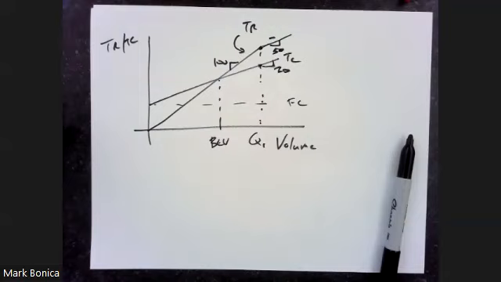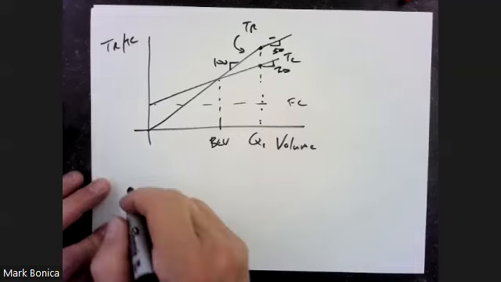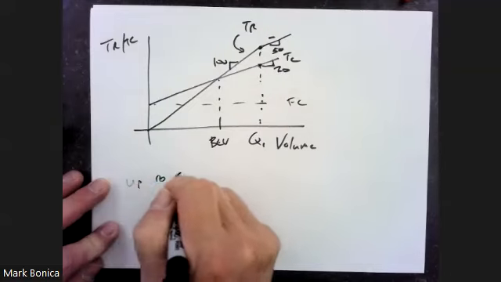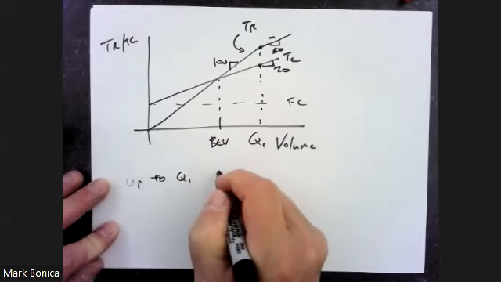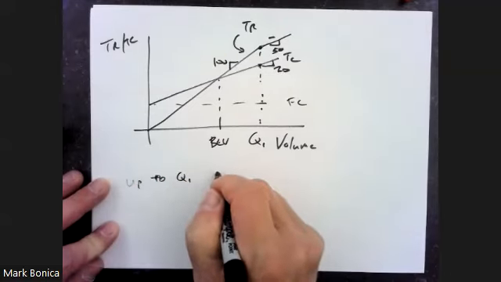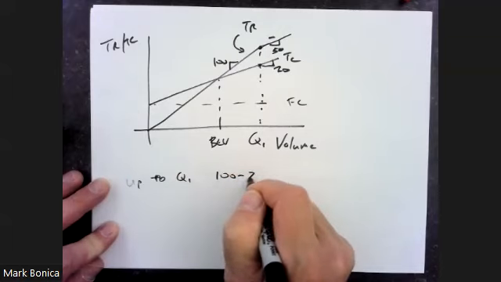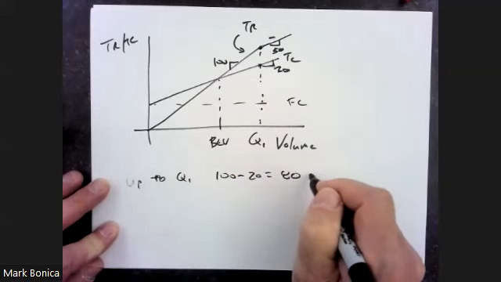So for all the visits from Q1 to the right, these additional visits, what's my contribution margin going to be? 30. How'd you get it? 50 minus 20, right? Up to Q1, I had 100 minus 20, 80.